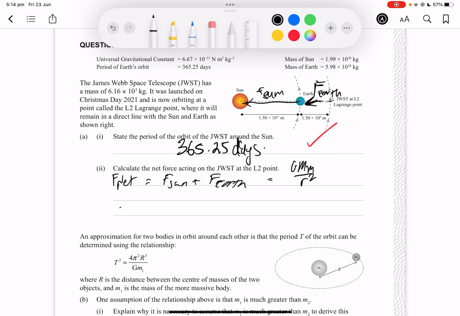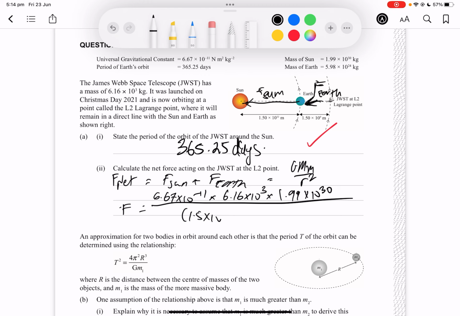So F equals 6.67 times 10 to the power negative 11 times the mass of the telescope, 6.16 times 10 to the 3, times the mass of the Sun, which is 1.99 times 10 to the 30, all over the radius squared, which is (1.5 times 10 to the power 11 plus 1.5 times 10 to the power 9) squared.